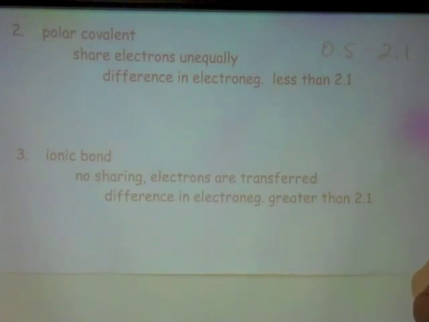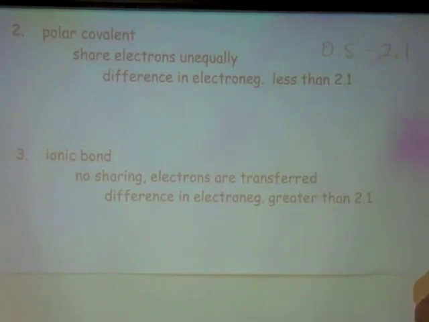So in an ionic bond, there is no sharing of electrons. Valence electrons get transferred from the least electronegative to the most electronegative. The least electronegative, of course, being the metal. The most electronegative being the non-metal. So the non-metal just takes the electrons away and keeps them for good.